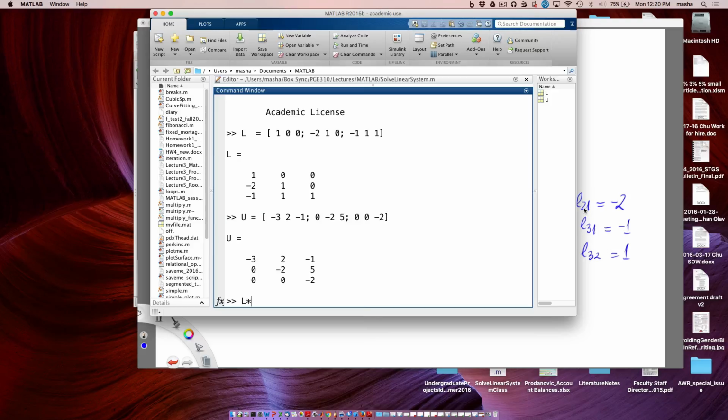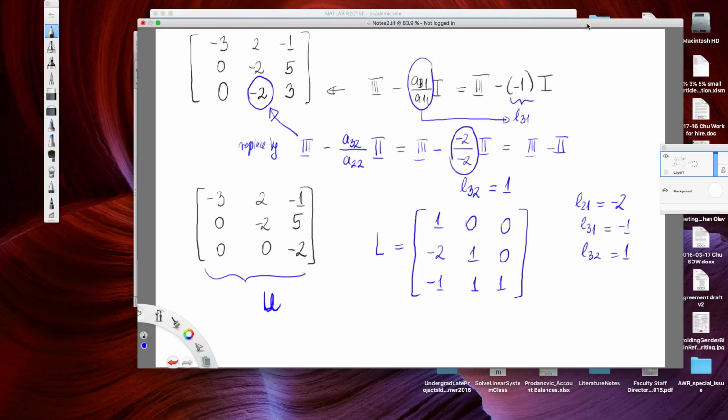L times U is minus 3, 2, minus 1, 6, minus 6, 7, 3, minus 4, 4. That is indeed A. So now I have my LU decomposition. It's just forward elimination with some recording on the way.